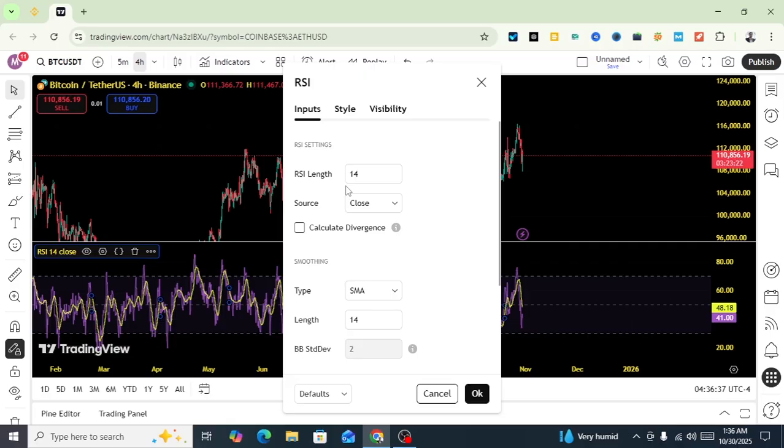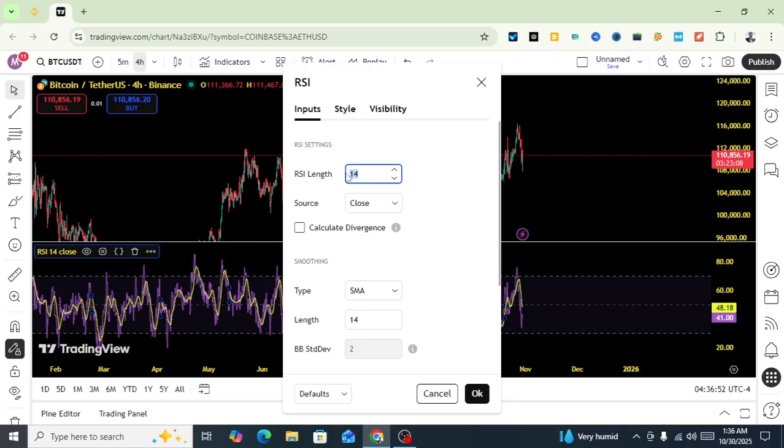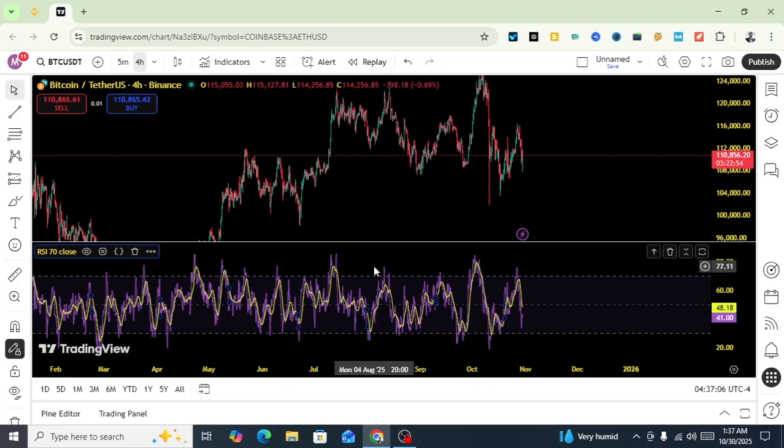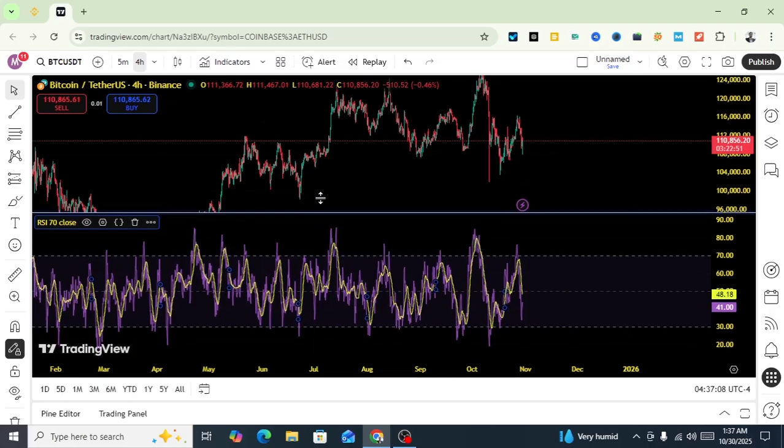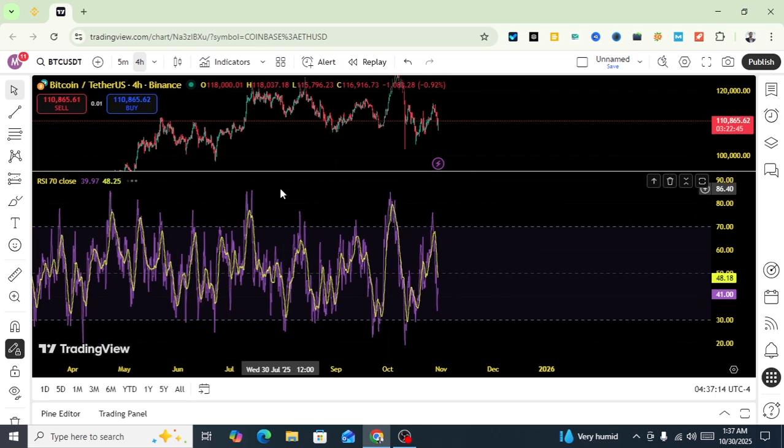You can just change the RSI setting, making the RSI length 70 or the smooth length 30, then click OK, and that will show the value of the indicator on the chart. You can also look for divergence.